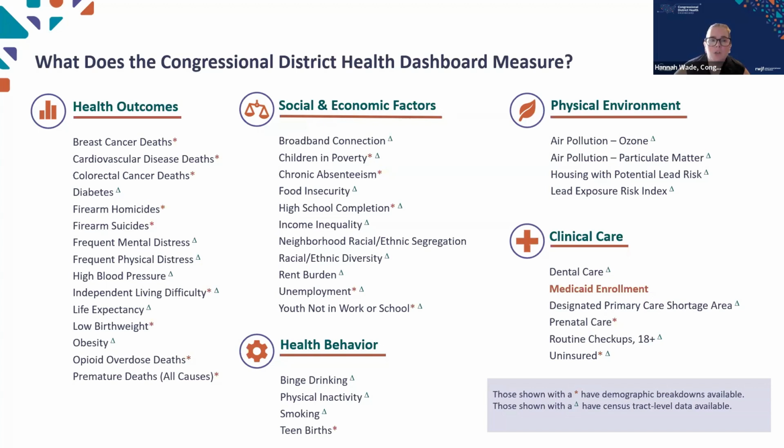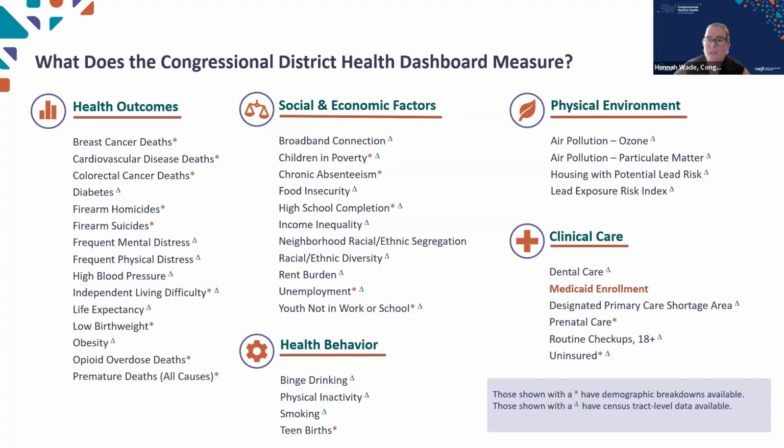For all of these measures, you can find data for your congressional district, state, as well as the national average. We have another little bit of information on this page, which is that for some of our measures, we have demographic data available.